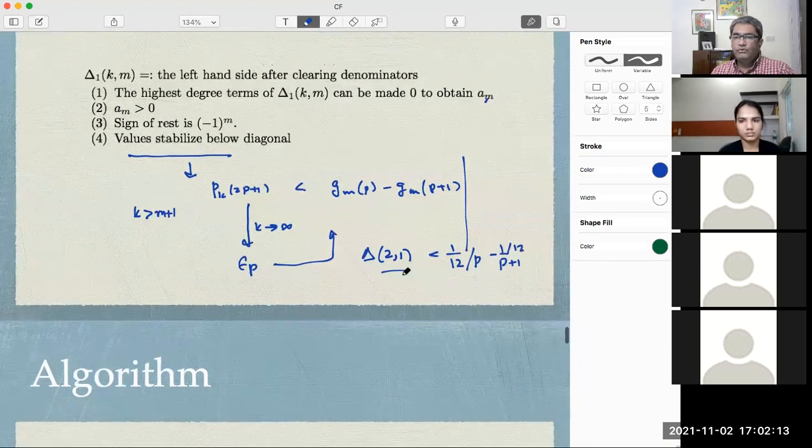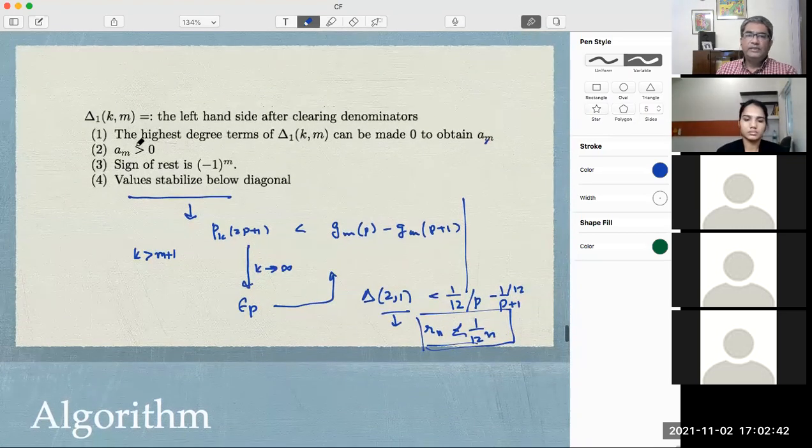So this was true for all. If we can prove that the sign is correct, it should be less than, then it already proves the first one. So it proves, with P equal to 1, Rn equal to 1 over 12. This is what Robbins proved as the upper bound.